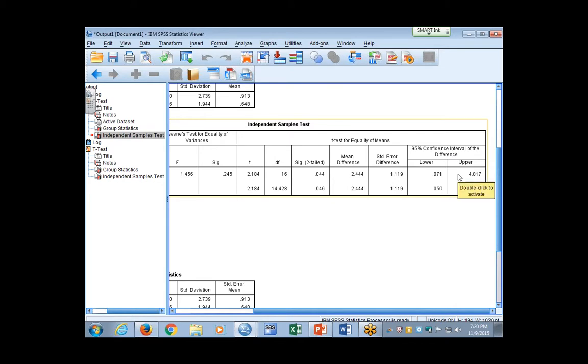And the confidence intervals here, remember you talked a little bit about the confidence intervals? The real way to use confidence intervals here would be to look at the confidence interval for the difference between the two means. SPSS also calculates that, the lower and the upper range for the confidence interval for the difference between mu1 minus mu2. In this case, the lower limit is 0.07 and the upper limit is 4.8 or so. So what does that tell you?